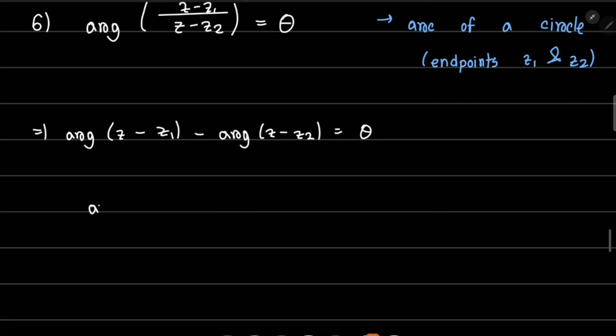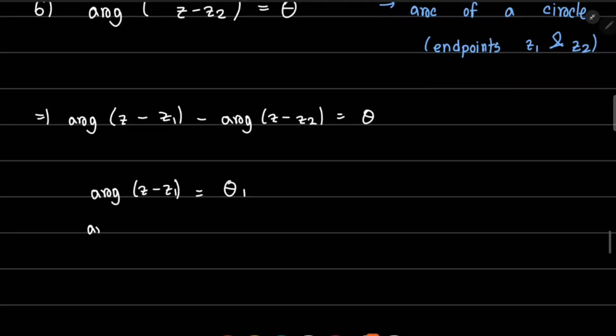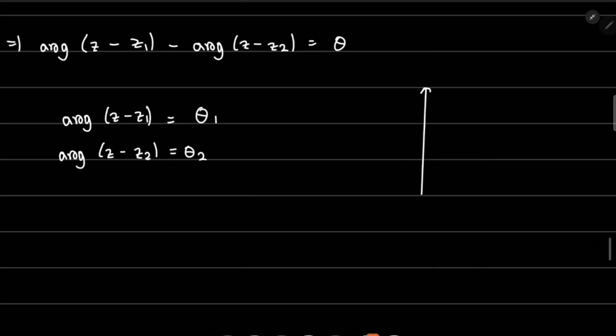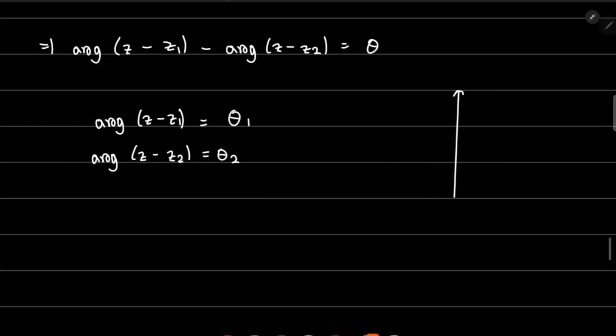Now if the argument of z minus z1 produces an angle of theta 1 and argument of z minus z2 produces an angle of theta 2, if you go back you can see that these are equations for half lines.